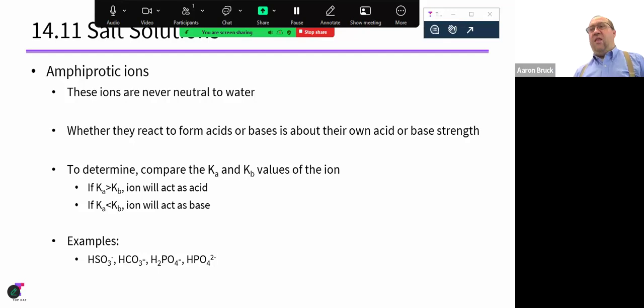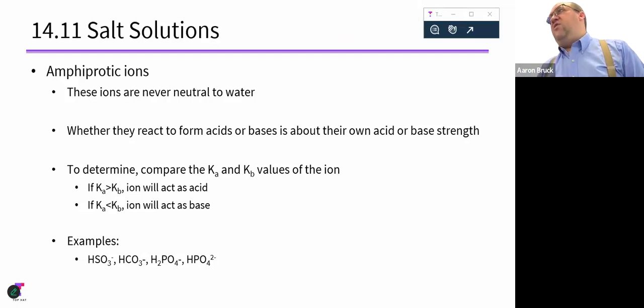So we're looking at the bisulfites, the bisulfates, the bicarbonates, the dihydrogen phosphates, the monohydrogen phosphate ions. Those ones are amphiprotic. The way to determine whether they act acidically or basically is we have to compare their Ka and their Kb values to each other.